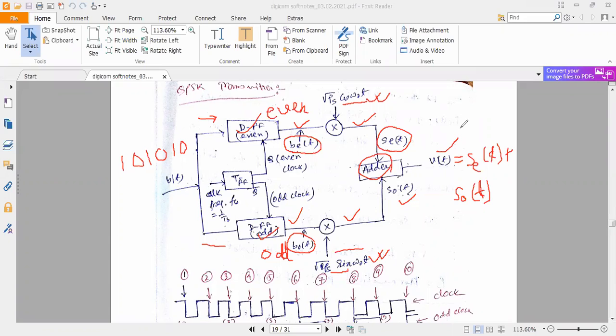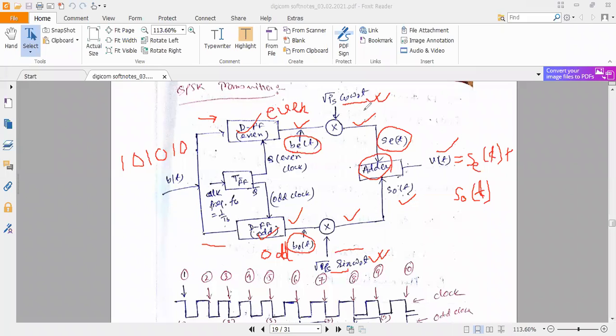One D flip-flop accepts only the even position bits, and the lower one, the odd flip-flop, provides only the odd position bits. Each flip-flop output goes to a product multiplier, utilizing one carrier wave, cos omega 0 t at the upper side and sin omega 0 t at the lower side.